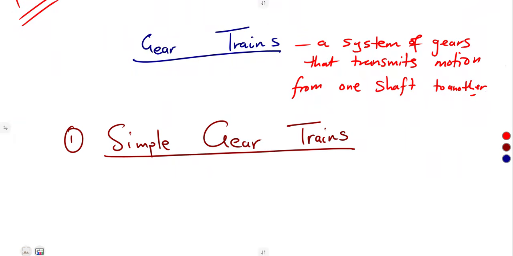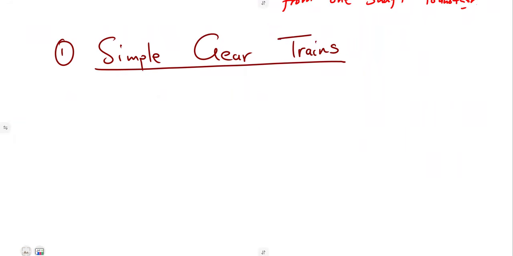Remember from your N4, a simple gear train, in our view, is where there is only one gear on each shaft. There'll be one gear on each shaft. So a basic view of what I'll be having here is something like this.